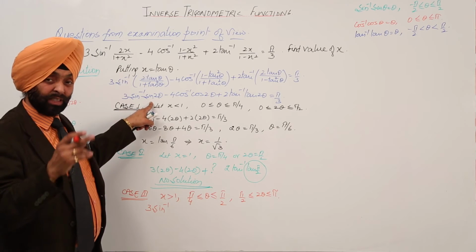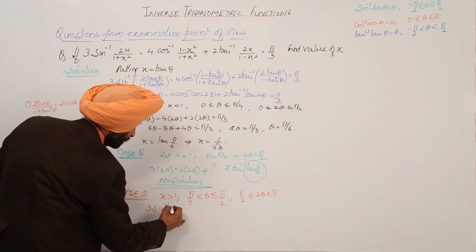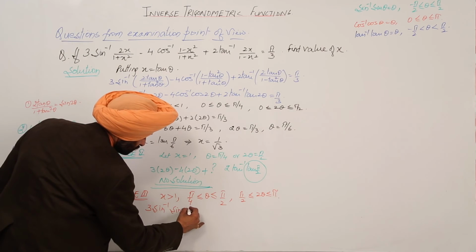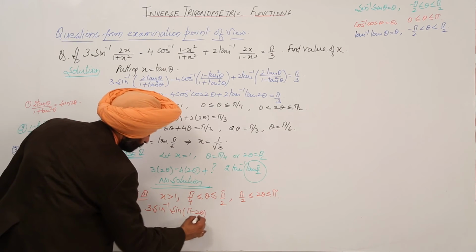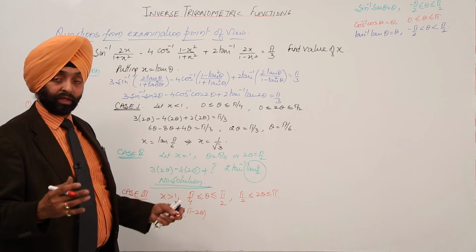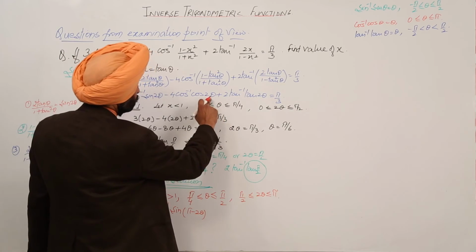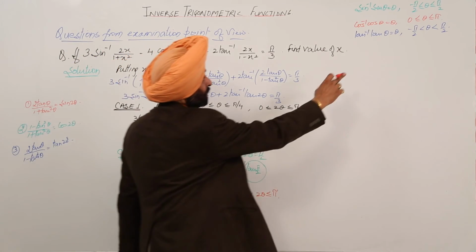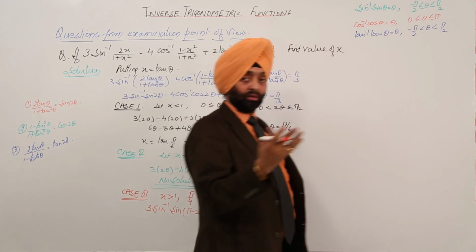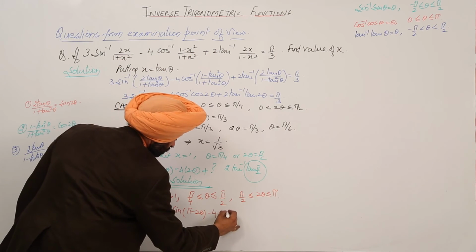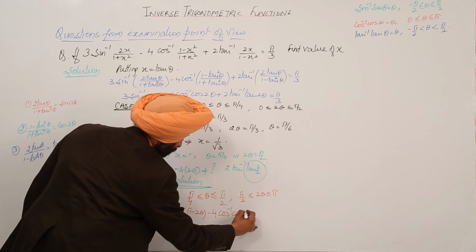Sin 2 theta is in the second quadrant, so we will write it as sin pi minus 2 theta. We are converting it, we are going for the first quadrant. Minus 4 cos inverse cos 2 theta. 2 theta is in the second quadrant, okay, no problem.